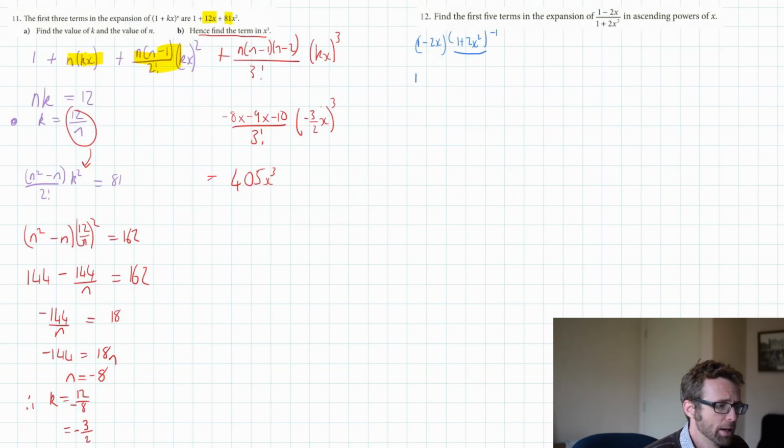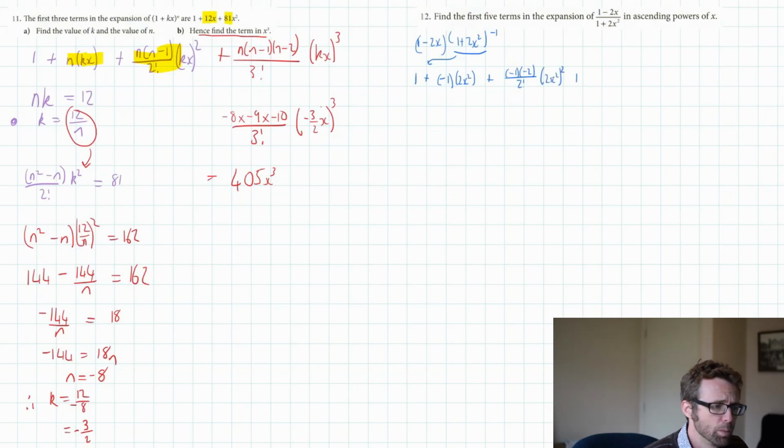Well, I should have 1 as my first term, and for my second term it's going to be minus 1 multiplied by 2x squared. Then my third term is going to be plus minus 1 into minus 2 all over 2 factorial, and this will be times by 2x squared, all squared.